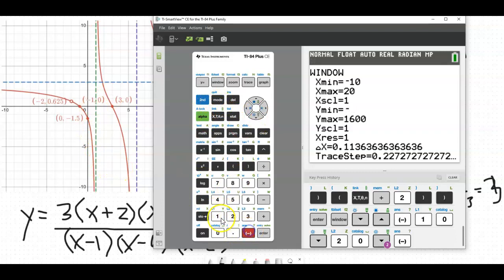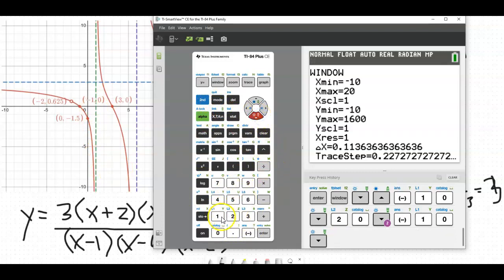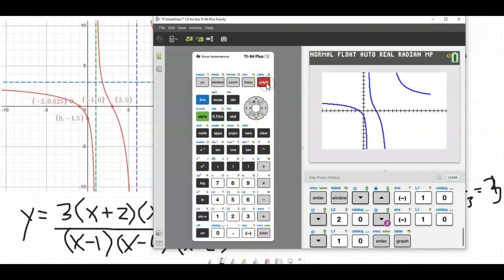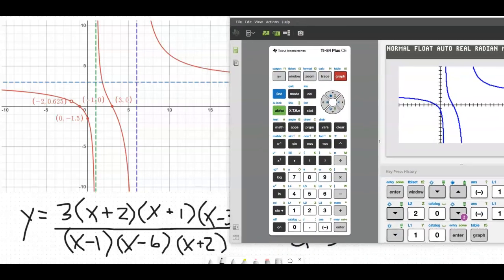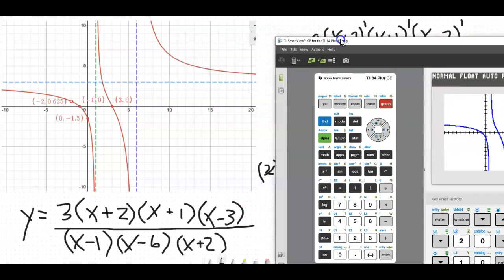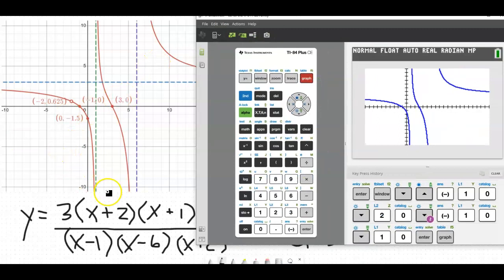Looks like I had a window from another problem in here that I never changed back to +10. All right, now let's go ahead and hit graph. And we should get the same graph as we got here, which it looks like we definitely do. So this would be verification that we got it. And that's it for this problem.